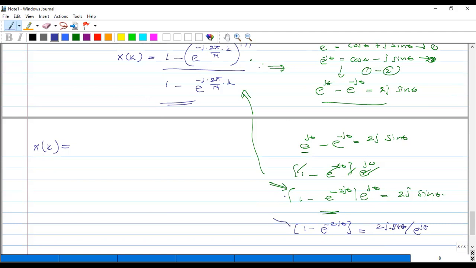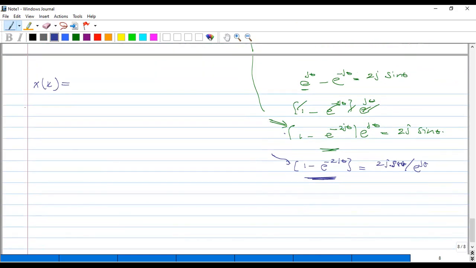I will apply this value because here we have only 1 minus e value. Let me write it clearly.